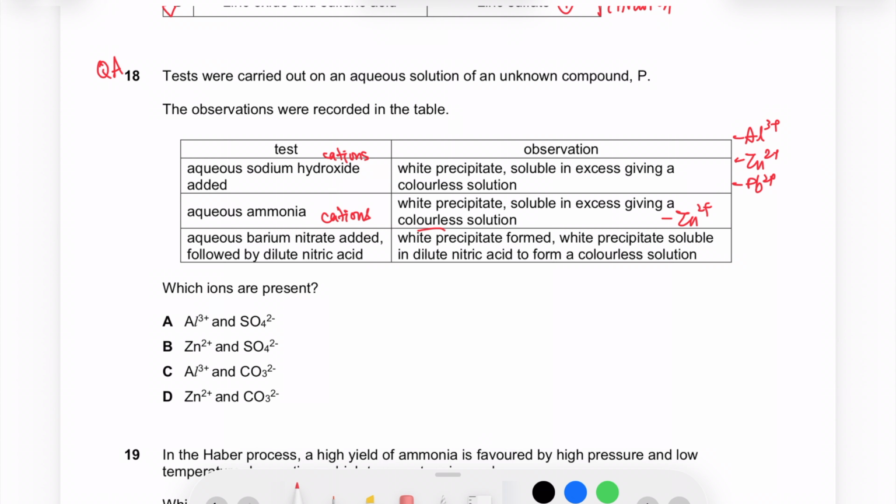So you form barium nitrate and you have white PPT, okay? And then when you add acid, right, the white PPT is soluble. So this actually means what? It's a carbonate, because this PPT is barium carbonate, okay? Then the barium carbonate will react with your nitric acid to form a soluble salt like barium nitrate, okay?